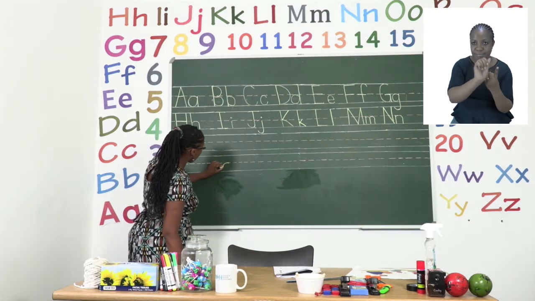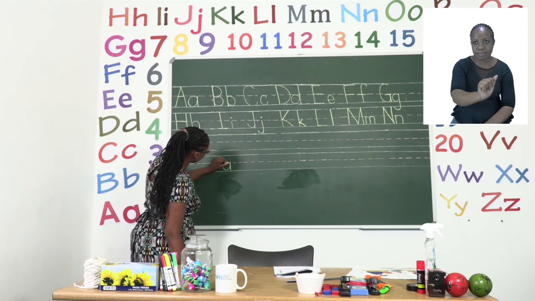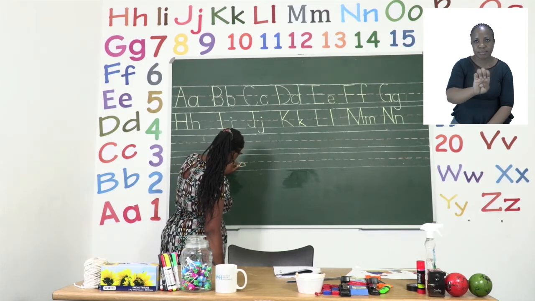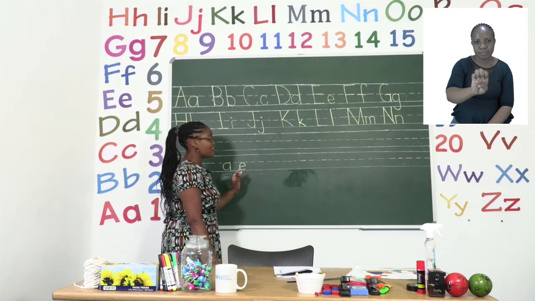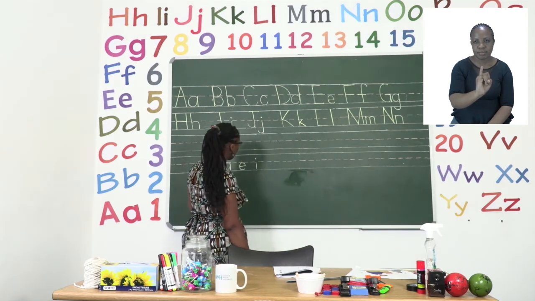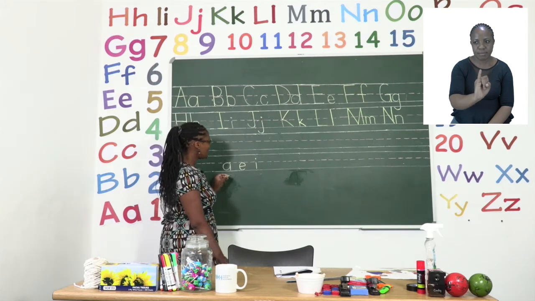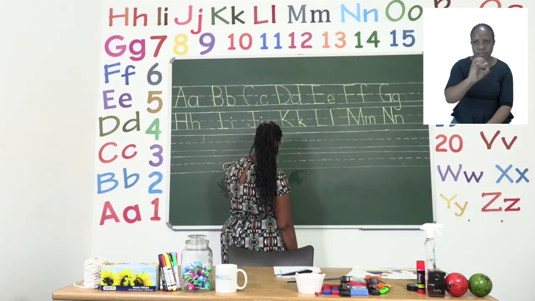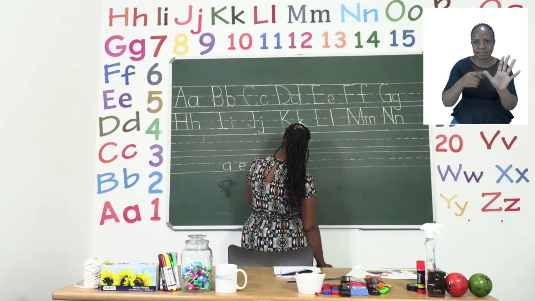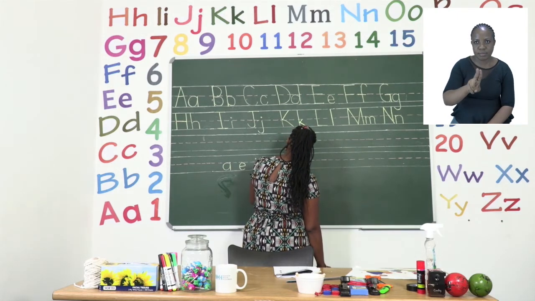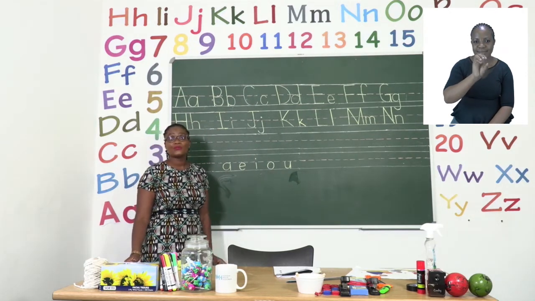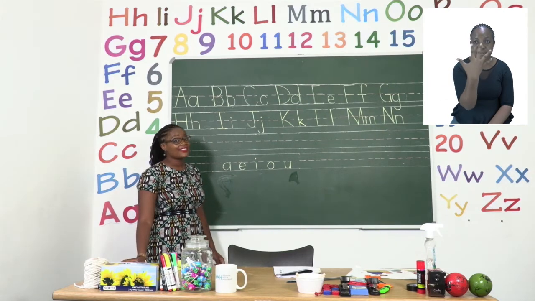We have A, then we have E, then we have I, and then we have O, and lastly, we have U. So these are our vowels, and it is our job to find 3-letter words with these vowels.